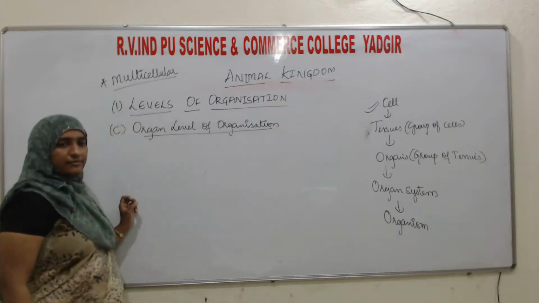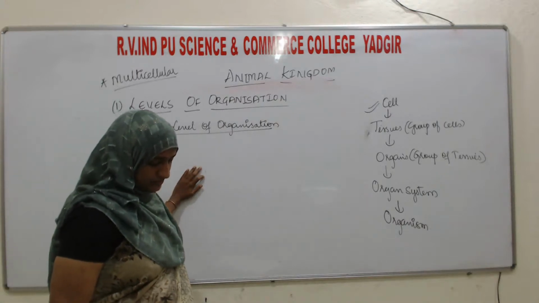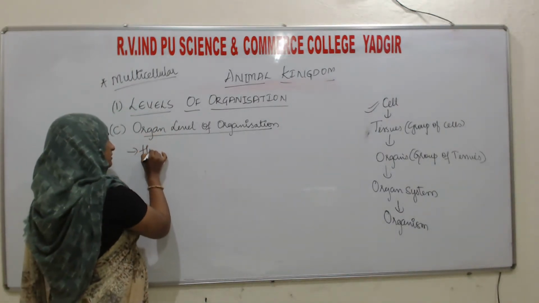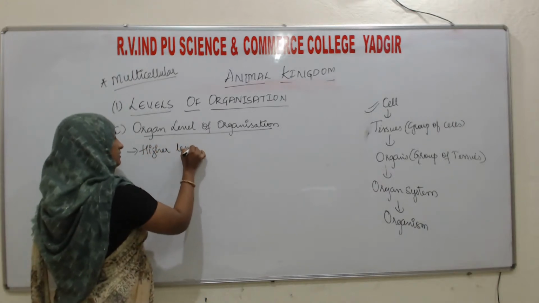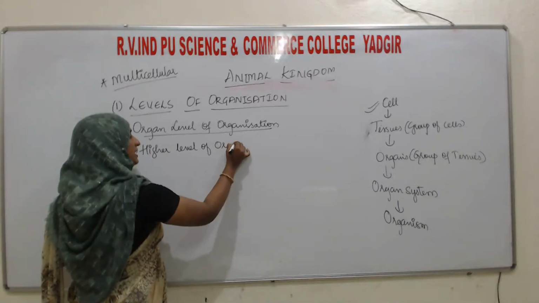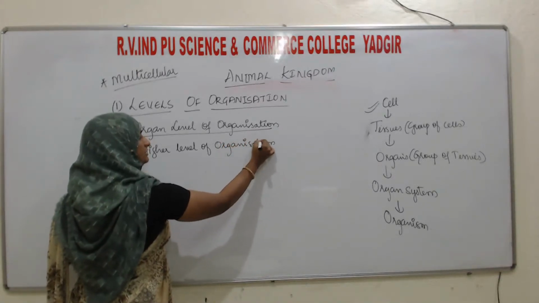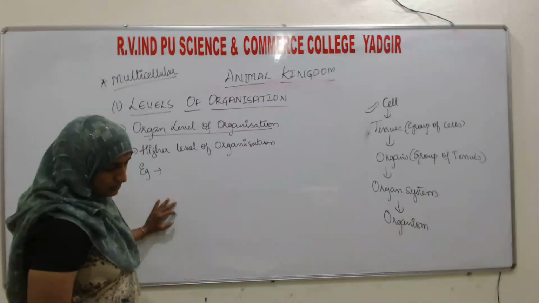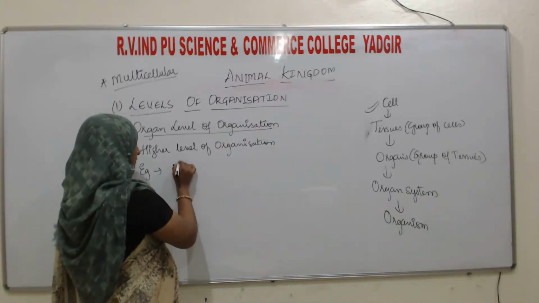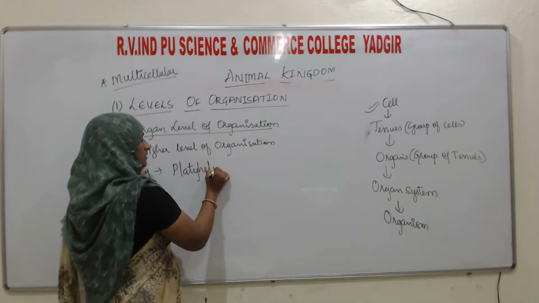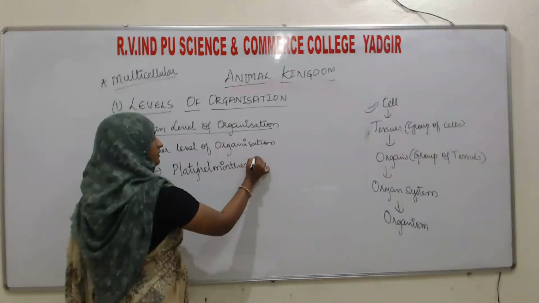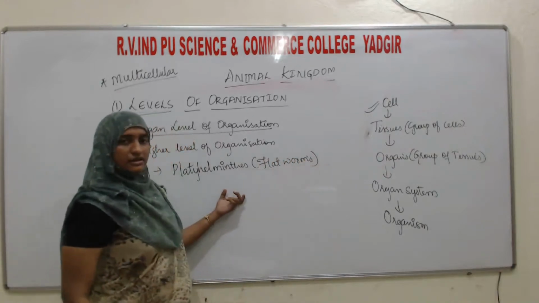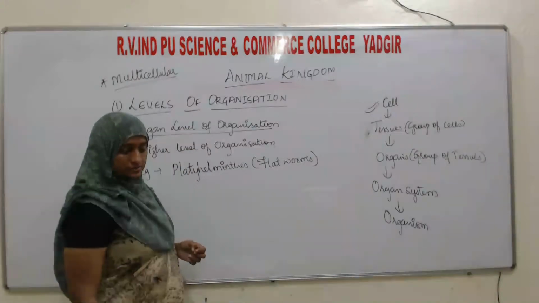Which animals will exhibit this level of organization? An example is Platyhelminthes, also known as flatworms. They will exhibit organ level of organization.